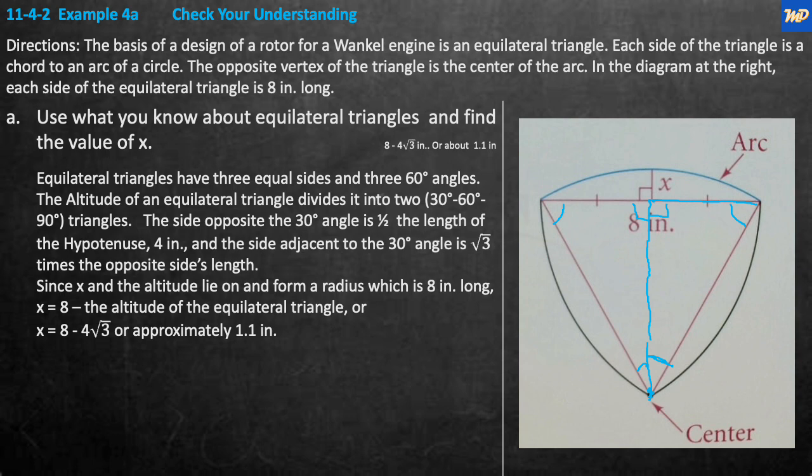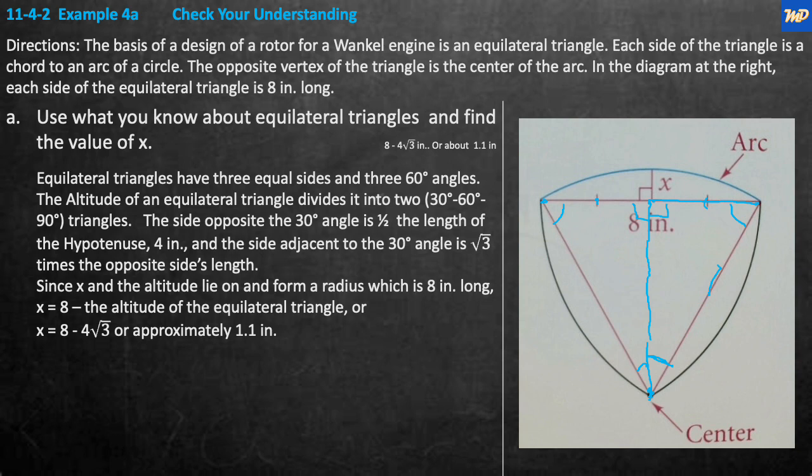Well, the hypotenuse is along this radius here, and it's half that length. We kind of know that because we see that this is split right down the middle. So if this chord right here is 8 inches, then from x to the end of the chord here is 4 inches. And we see here that these are congruent too, right? They've marked them as congruent for us. So this is 4 inches.